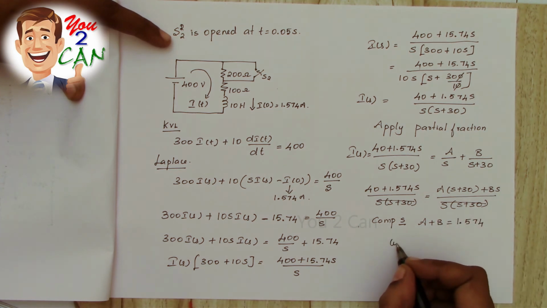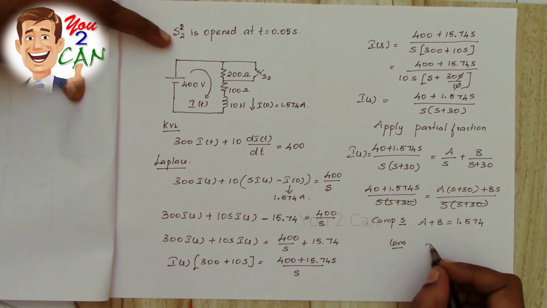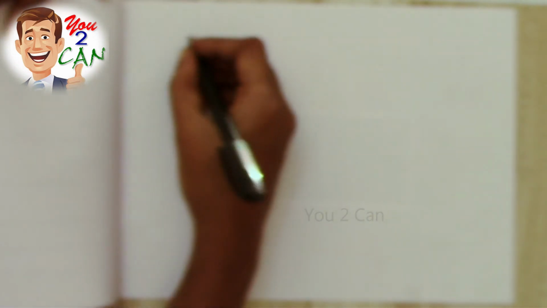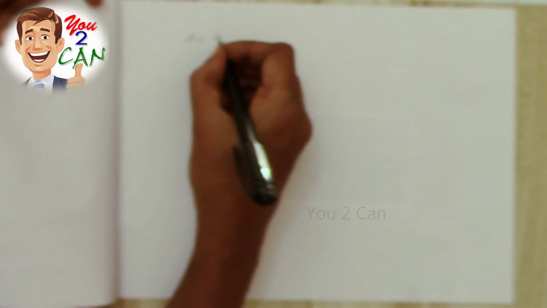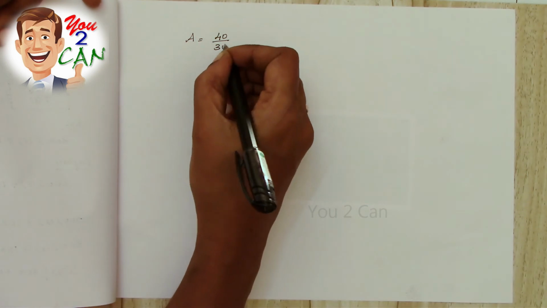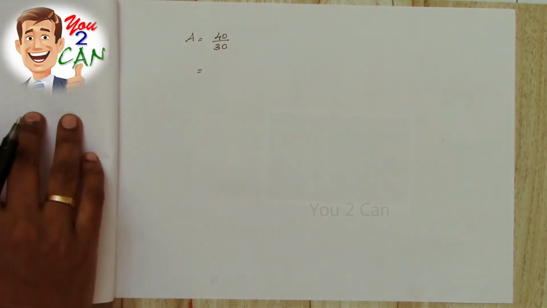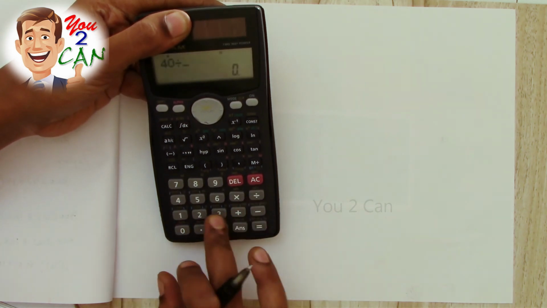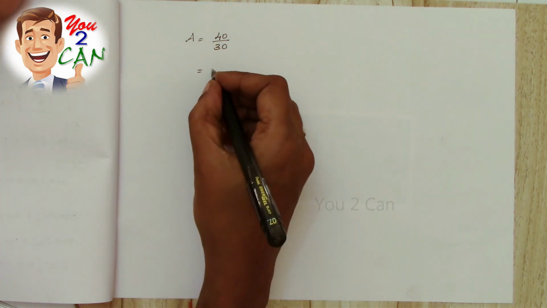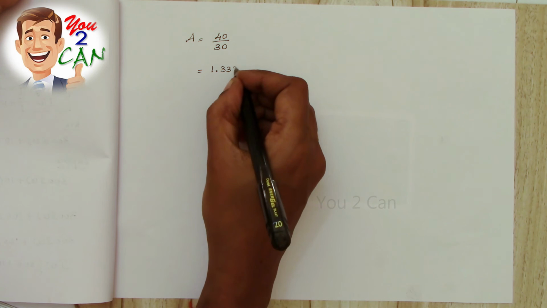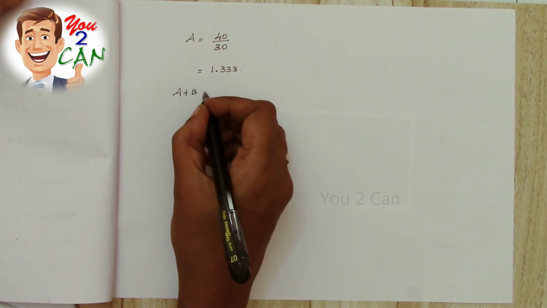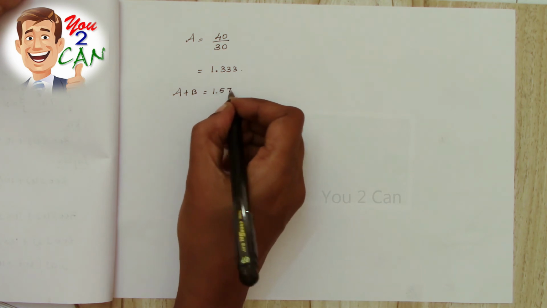And compare constant term: 30a will be equal to 40. Now a equals 40 by 30, which is 1.333, and a plus b equals 1.574.